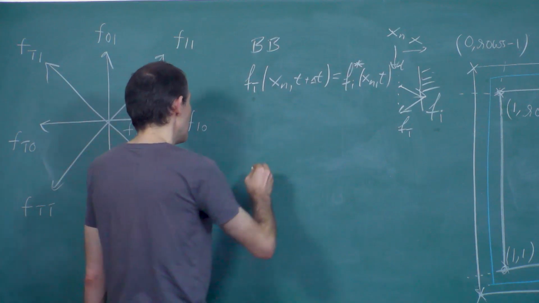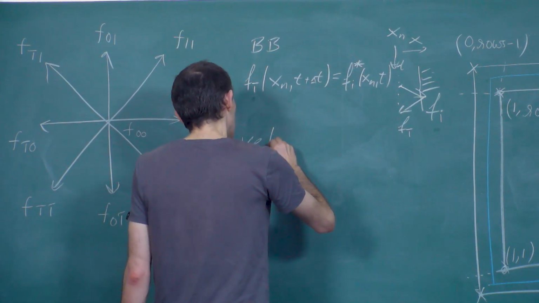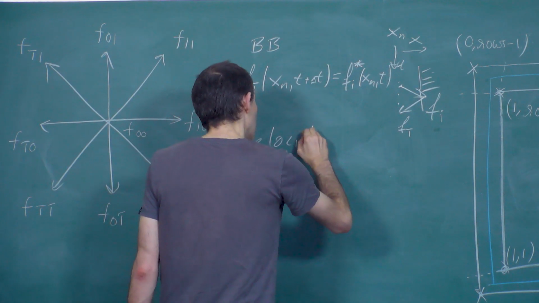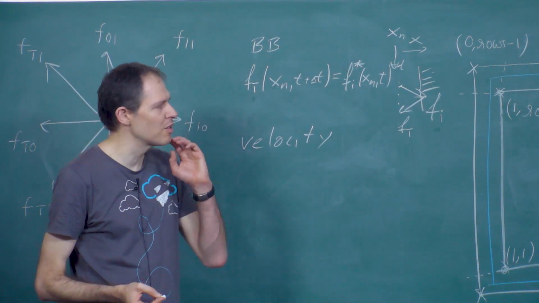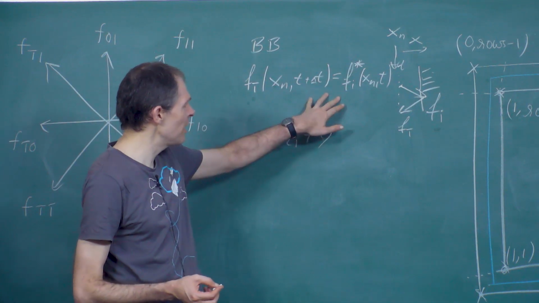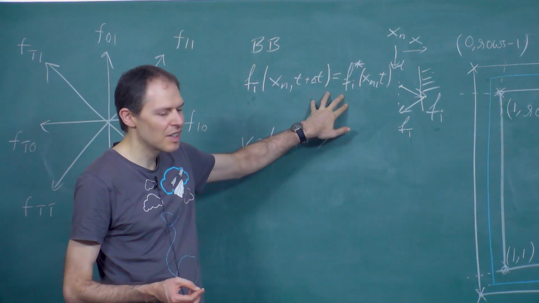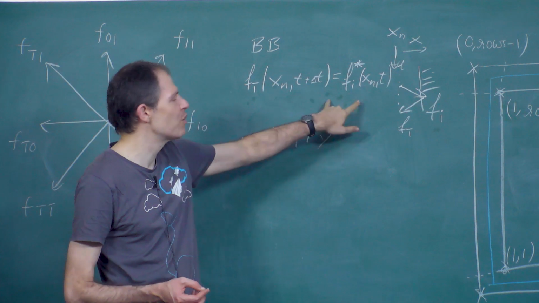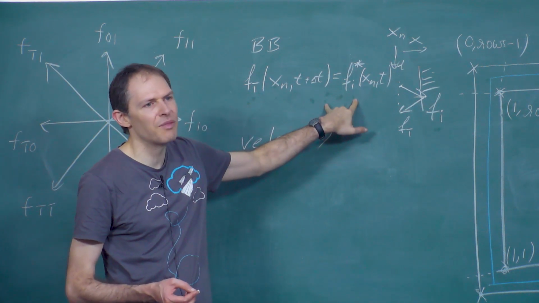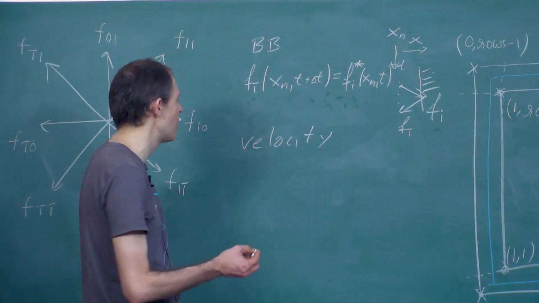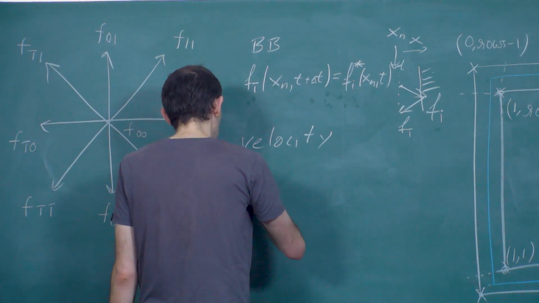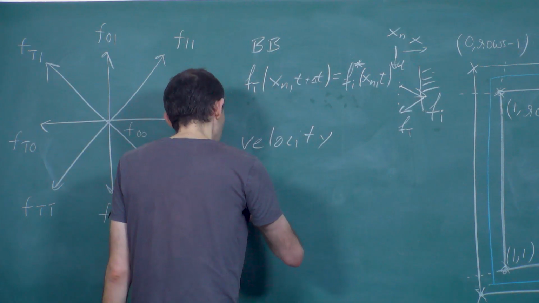So now we also discussed the velocity bounce-back, and the velocity bounce-back is the same boundary condition, just this boundary condition only gives us velocity 0. And now we want to modify this to a non-zero velocity. And this can be done in the following way.